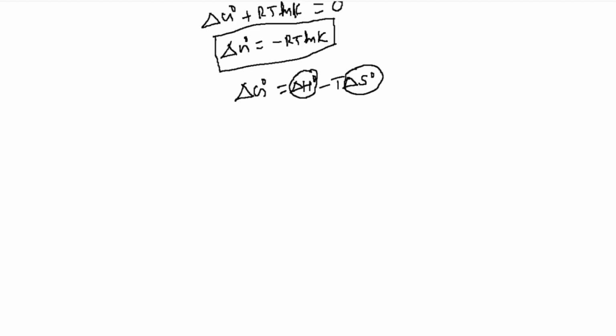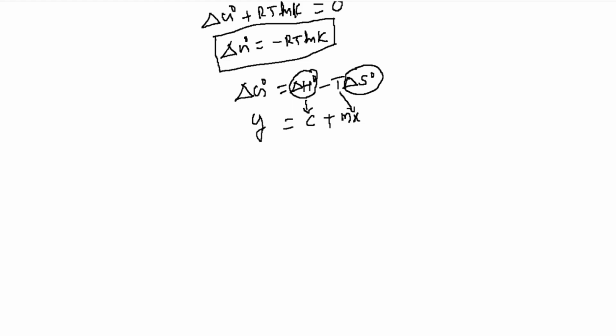Now this is like a straight line equation, y is equal to c plus mx, that is mx plus c, where c is delta H naught, T is x. Though we have a negative sign here, the original sign depends on the sign of delta S naught, which we shall see later.